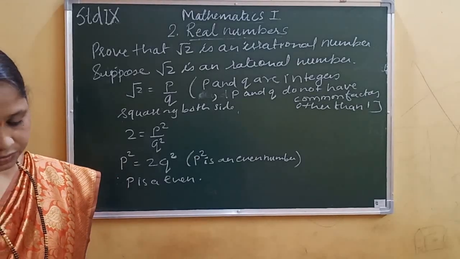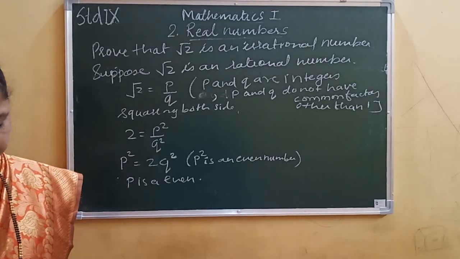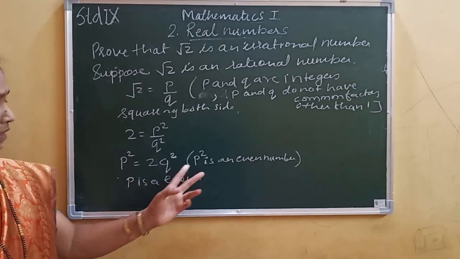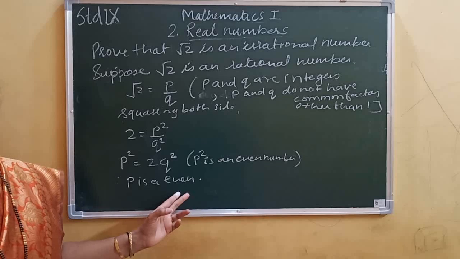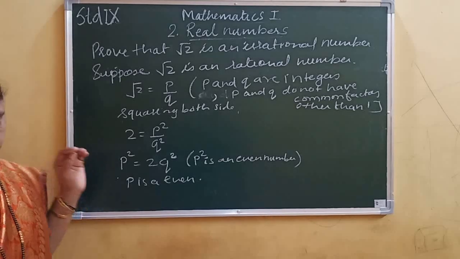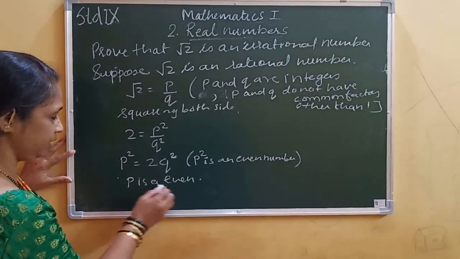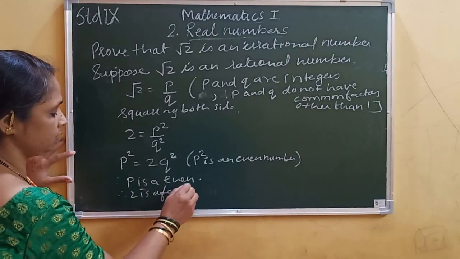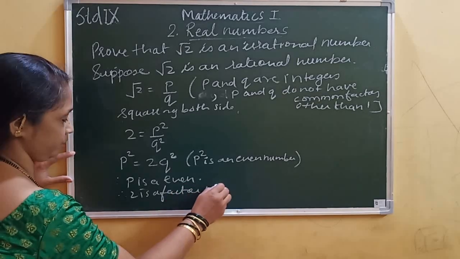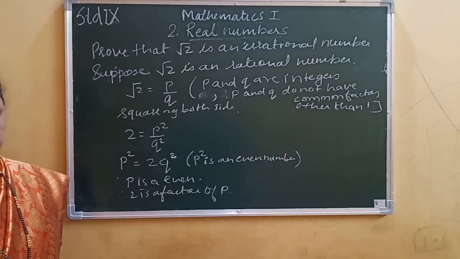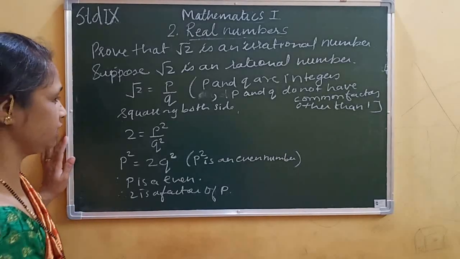Now see, we have got p square is even, therefore p is even, means 2 is a factor of p.